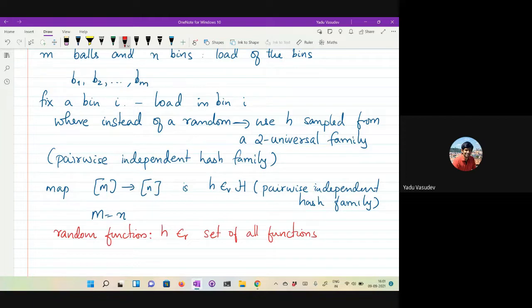So what happens here when you have a pairwise independent hash family? What do you think it should be?